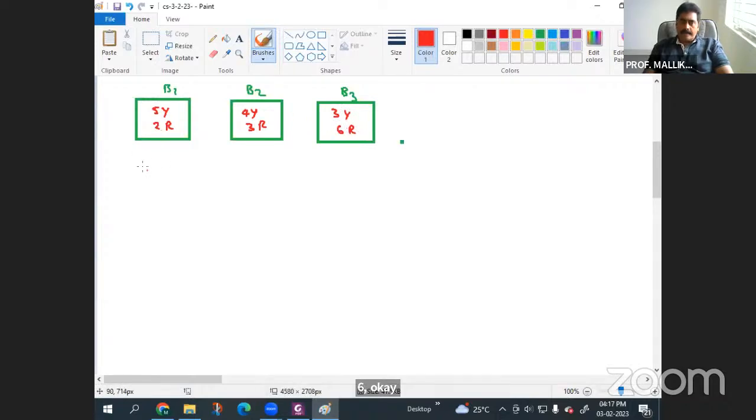Now what is the probability of B1? Yeah, Muskan, 1 by 3. Then probability of box 2?